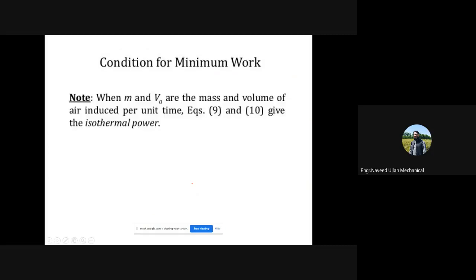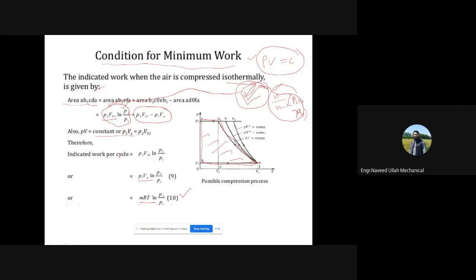And they are saying that when m and VA are the mass and volume of air induced per unit time, equations 9 and 10 give the isothermal power. So this equation 10 gives you the indicated work per cycle. Similarly, if you take that equation in the polytropic process, that also gives you indicated work per cycle.